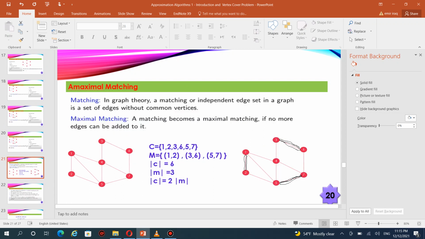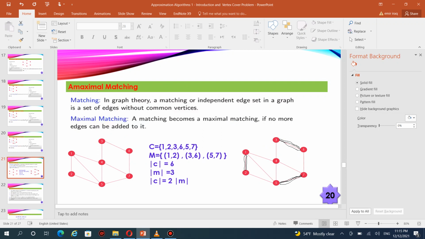So in this graph, we will use terms called matching and maximal matching. What do we mean by matching and maximal matching?